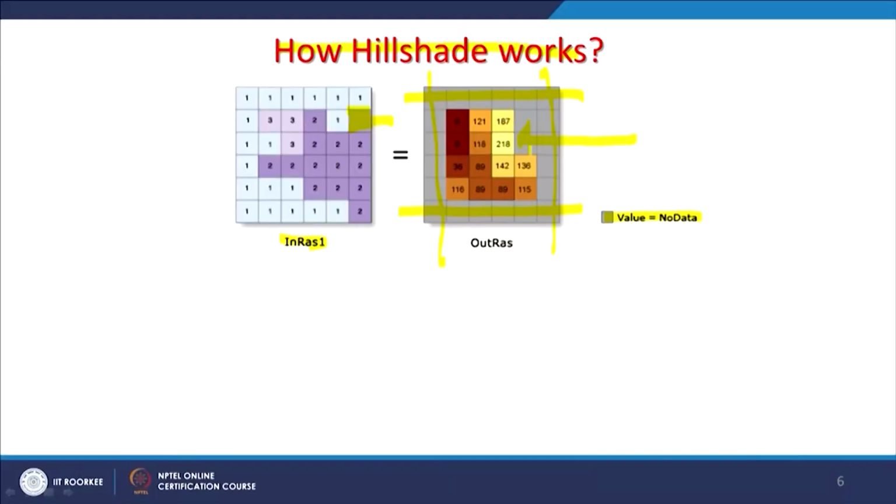Among these 8 neighbors, at least 7 cells should have values, and if more than 2 cells have no data, then no calculation will be done. And that is why what you are seeing here is no data being replaced for that particular center cell, since in the surroundings, in the northern side, there were no data.